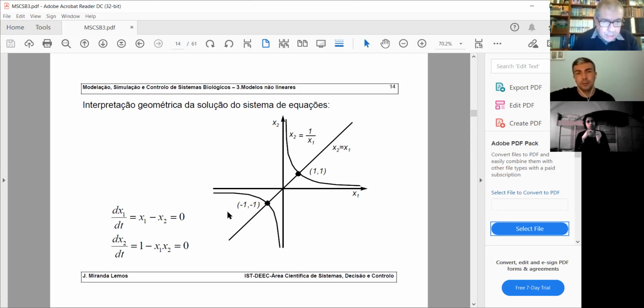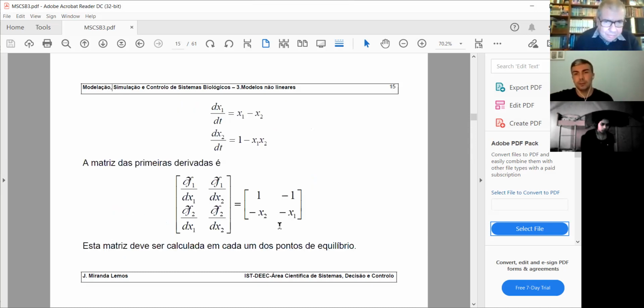So since the derivative of x1 is 0, you cross this line in the vertical. Instead, along the hyperbola, the second derivative is 0, so you cross it in the horizontal. You can use this to have an idea of the sketch. But I'm not going to make this example any longer.